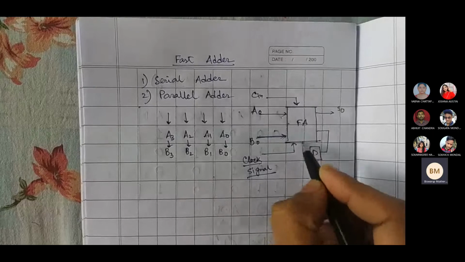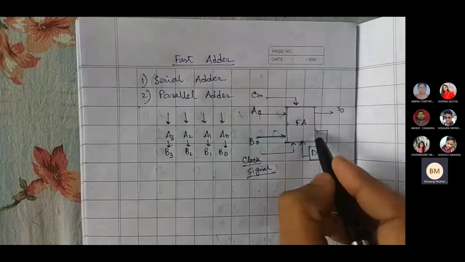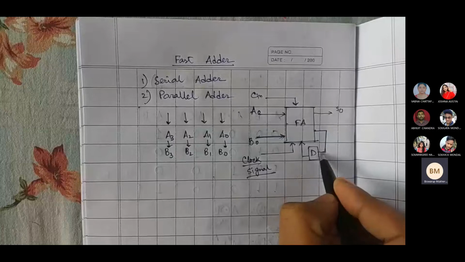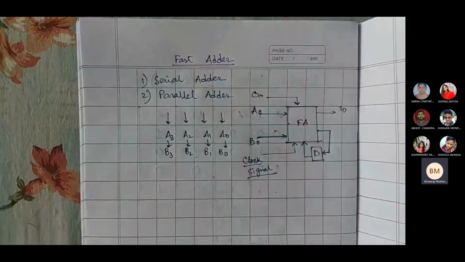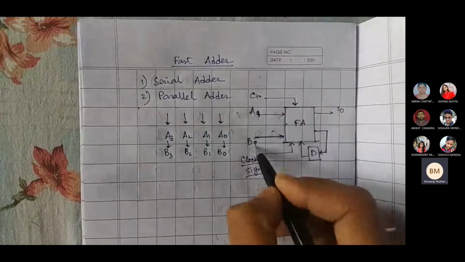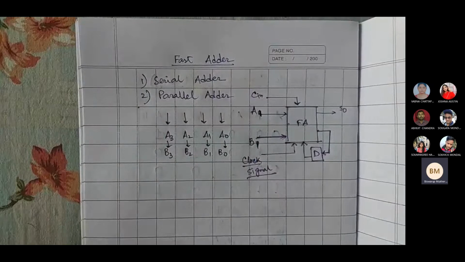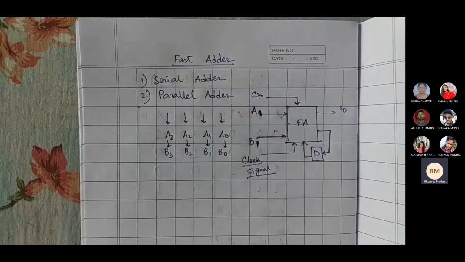So we have to hold the carry so that it can be added whenever A1, B1 comes. That means at the very next time instant, we will have A1, B1 as input. So serially, the input is coming.